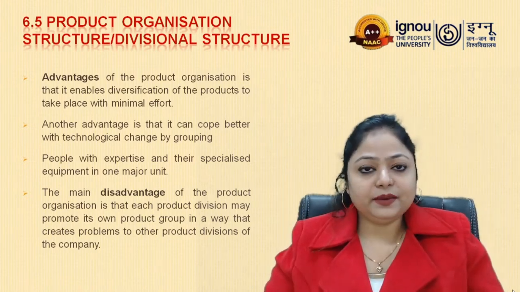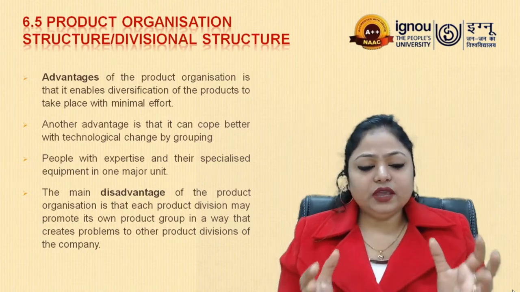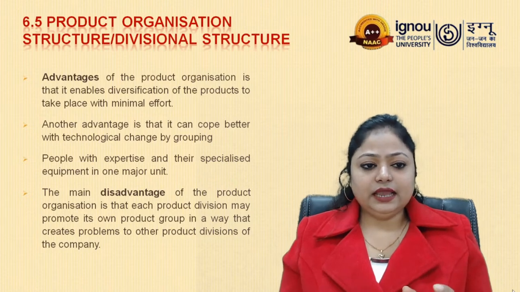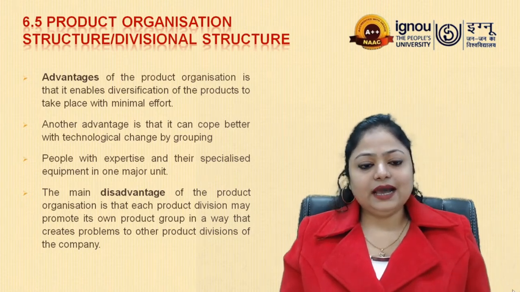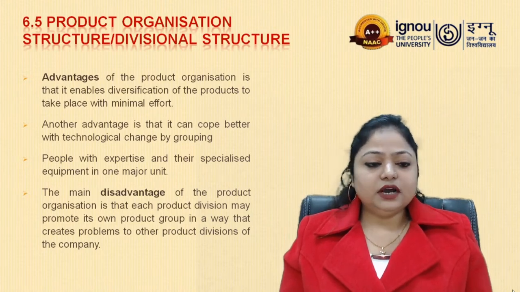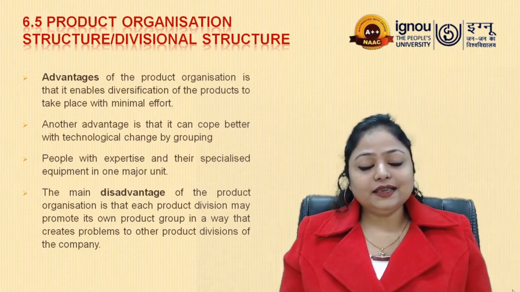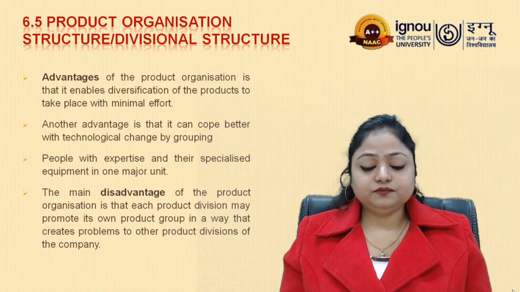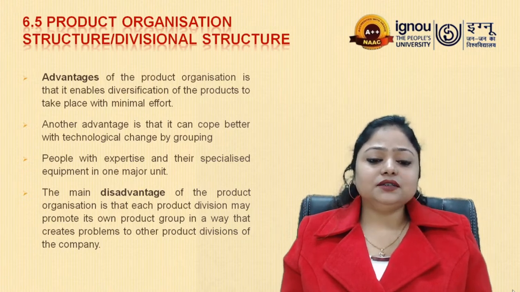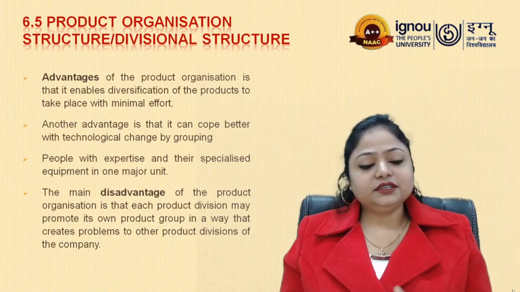So it may happen that the impact of Maggi's production, like we saw a few years back, that there was some lead particle involved in the production of Maggi. So all the products of Nestle had a certain impact of the bad word-of-mouth publicity.